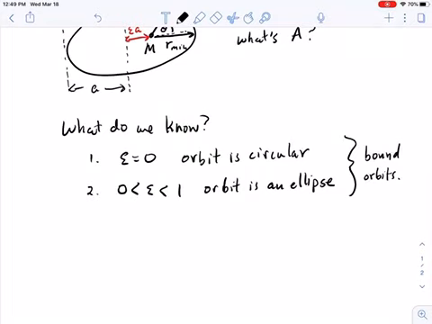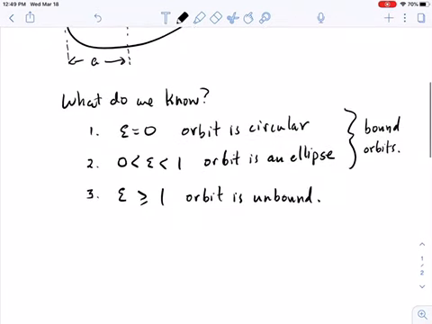All right, and then we looked at a third case where epsilon was greater than or equal to 1, and what we found is the orbit is unbound. So, I mean, that leads to a question. Maybe a couple questions.